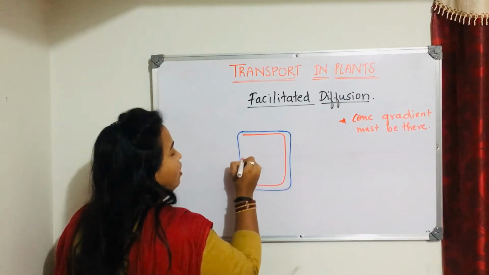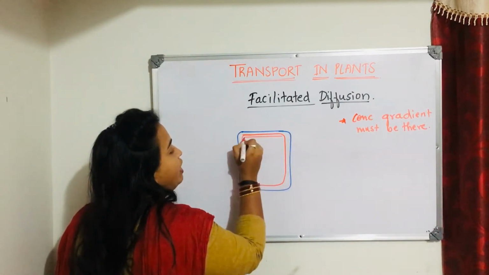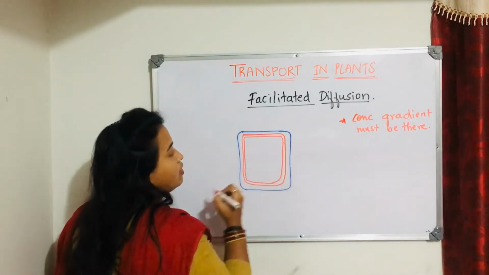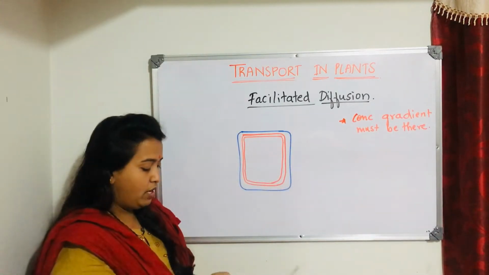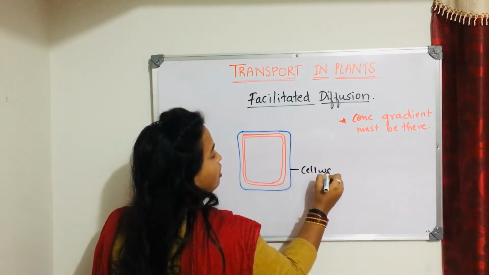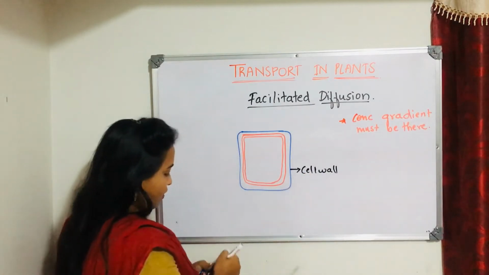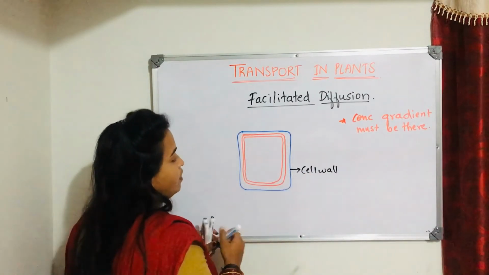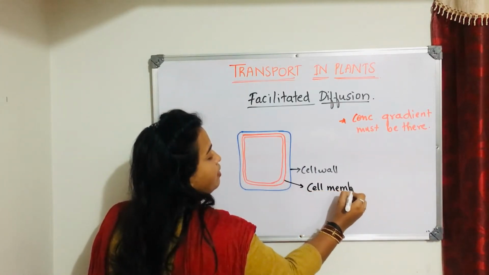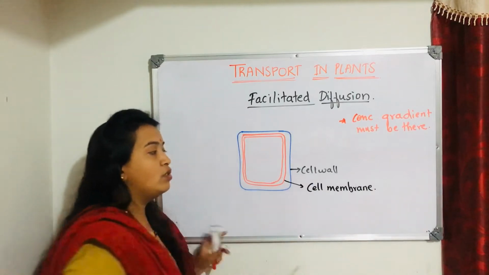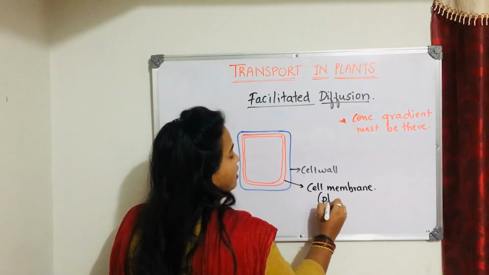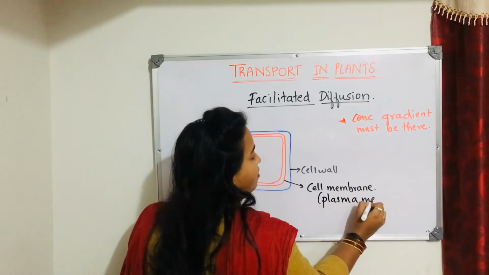You know very well that this is called cell wall, and this one we see here is the cell membrane. So this cell membrane is also called plasma membrane, right? In plant cell it is called plasma membrane.